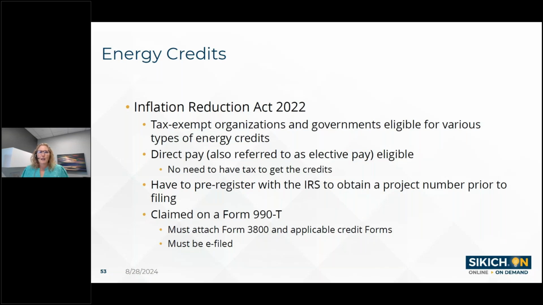And so I'll be honest, with our own very large software provider, we're still getting some updates here to help us make sure that we have the right forms eligible to attach for e-filing, because again, this is new for this filing season. And again, that 990T, just a reminder here, has to be e-filed. You cannot just quickly write a paper form up, find them online, print them and send them in. The IRS will not accept that. It has to be electronically filed.